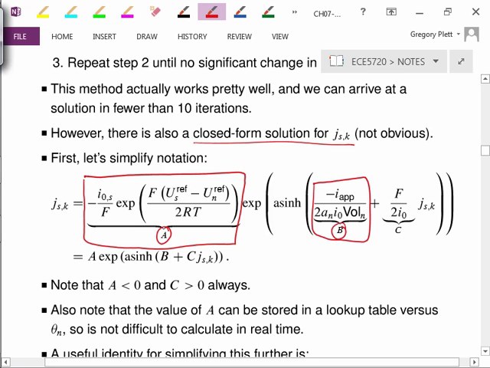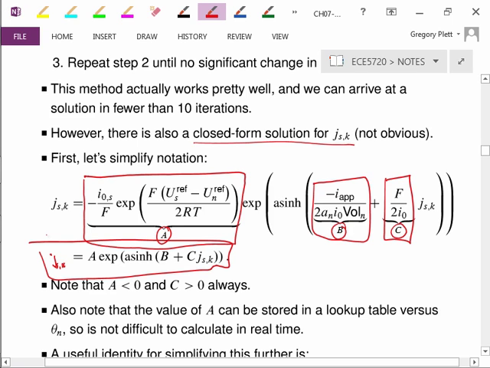We'll call it B, plus this whole thing, which isn't quite so bad looking. We'll call it C, times Js. So we end up with Jsk is A times exp of inverse hyperbolic sine of B plus C times Js. Okay, it looks a little bit cleaner, but it certainly doesn't look solvable yet.